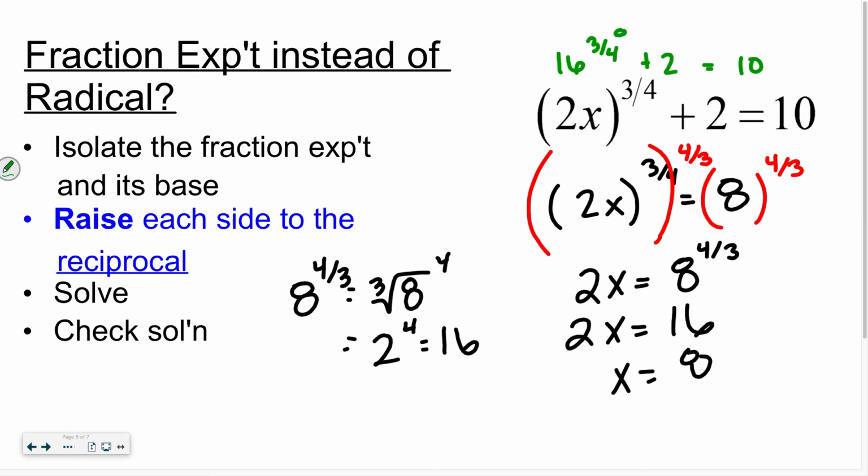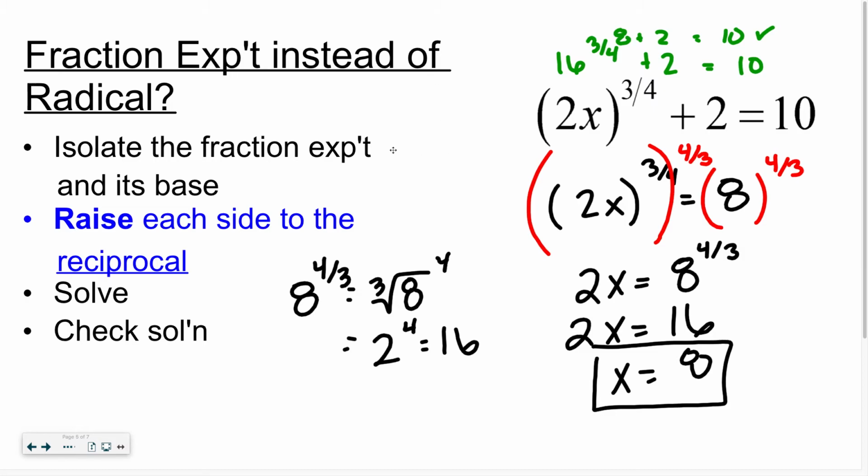And then 8 plus 2 is equal to 10. Yeah, that works. So it's a good solution. I don't really worry about it. Oh, I guess I could worry about it because I am taking a fourth root. Okay, yeah, I think it's fine. Check it.